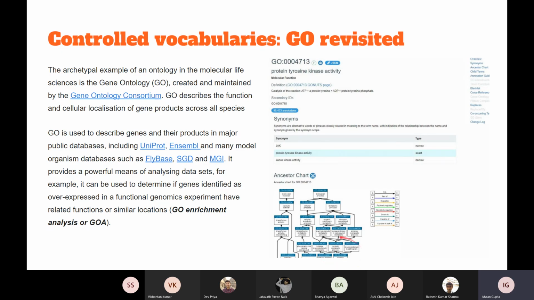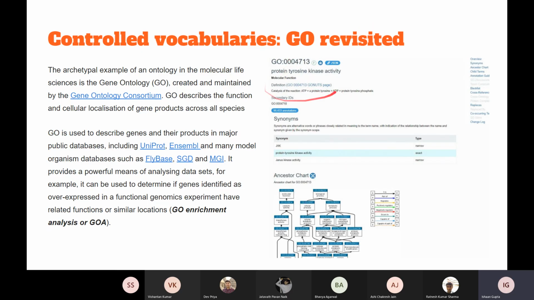So most likely, if you go down, you will find out that this is a kinase that is phosphorylating a protein, right? And if you go up, what was the specific GO ontology? It is protein tyrosine kinase. So it's an enzyme which adds a phosphate group to the tyrosine amino acid in the protein, right?